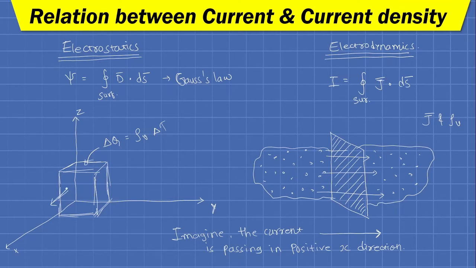So this cube will start moving in the positive x direction, and after some time it will be somewhere over here. This is the distance that this volume has traveled in some particular time. Let's say this distance is delta x, the length of this volume is delta L, and the time taken to travel this distance is delta t.